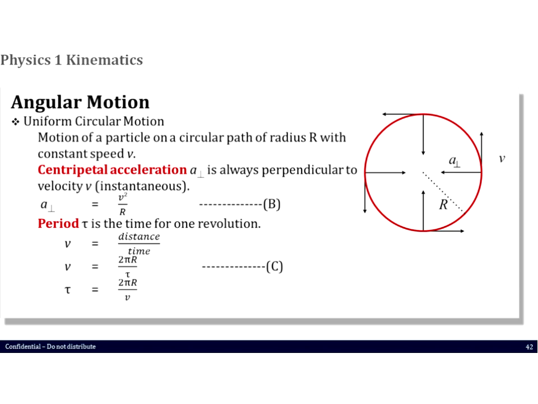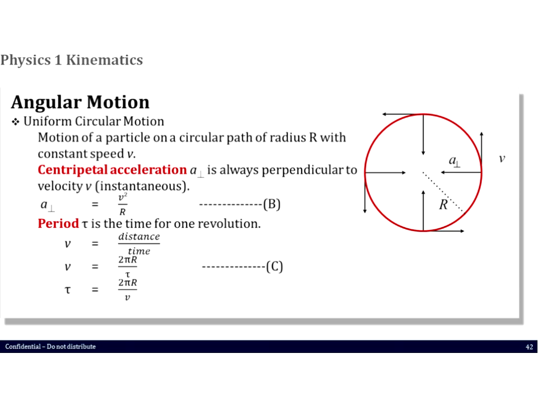Motion of a particle on a circular path of radius r with constant speed v. So here you will understand that the linear velocity is not the only thing that is important here. We need to talk about the tangential acceleration as well, and there are 2 kinds of forces involved, and that will help you understand how the satellites move around Earth. That will be the fun part of it.